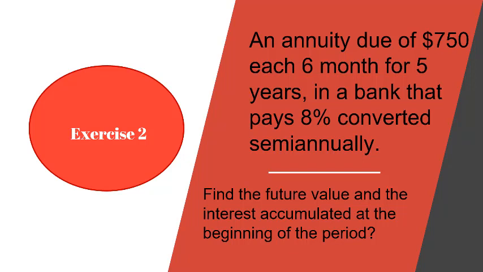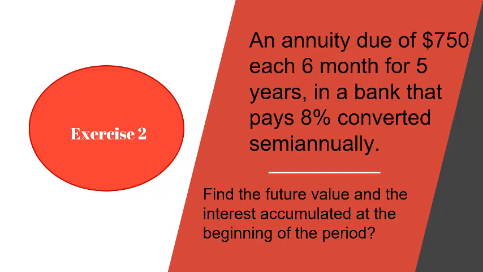In a bank that pays 8% converted semi-annually, so J equal 8%, M equal 2, and I will be equal 4%. Note that the annuity is each 6 months and the interest will be accumulated every 6 months.